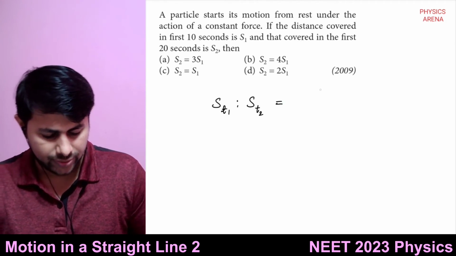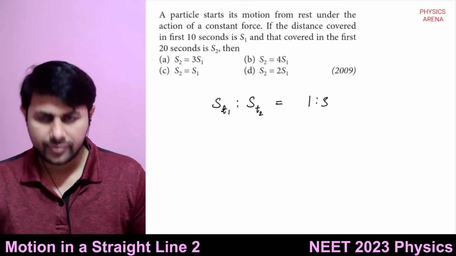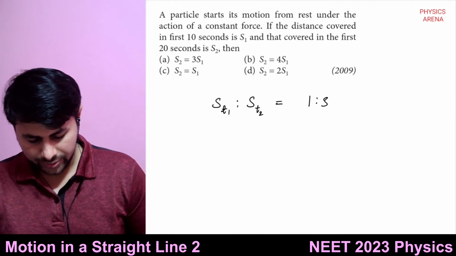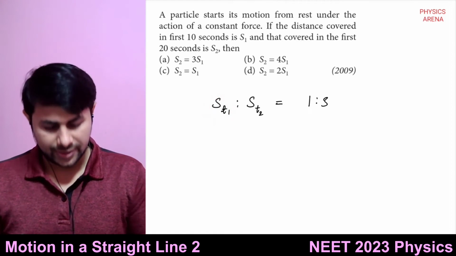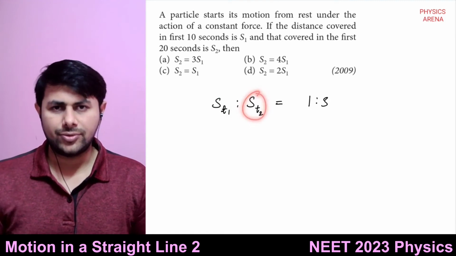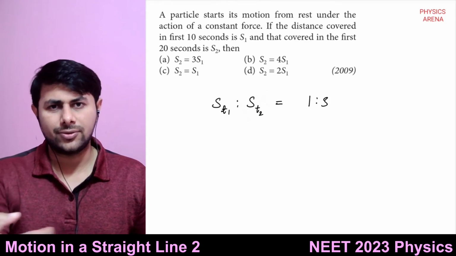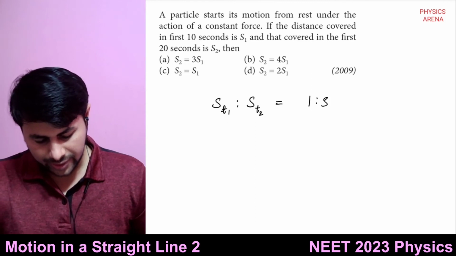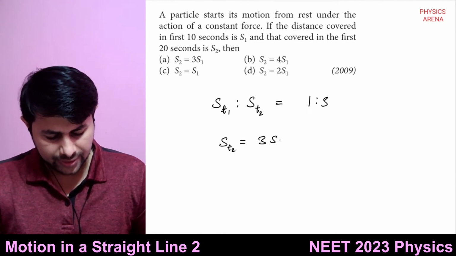It is equal to 1 is to 3. S in time t1 is distance covered in first 10 seconds. S in time t2 is distance covered in next 10 seconds. This ratio is 1 is to 3. That means S t2 is equal to 3 times S t1.